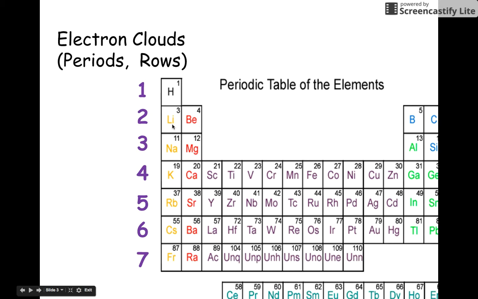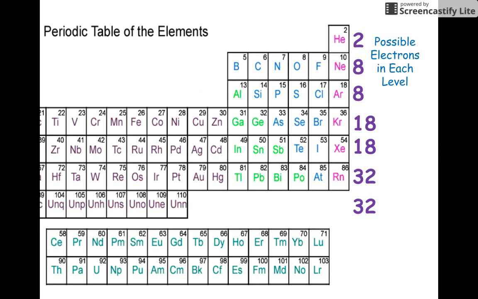Lithium would have two electron shells. Sodium would have three electron shells, and so on. Cesium would have six, for example. So that's important to know. The row that that element is in is how many electron shells you're going to need to draw if you're trying to draw a Bohr model of that atom.